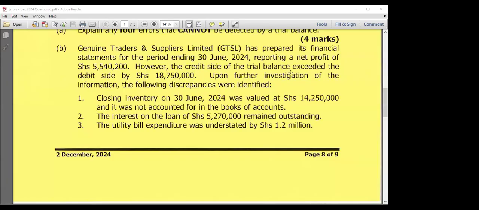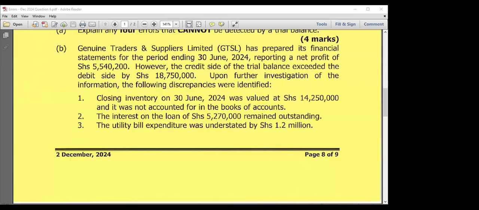When you analyze it, where do you think this balance is going to lie? It will be on the debit. Good. It will be on your debit side.